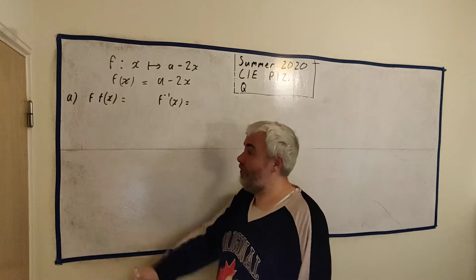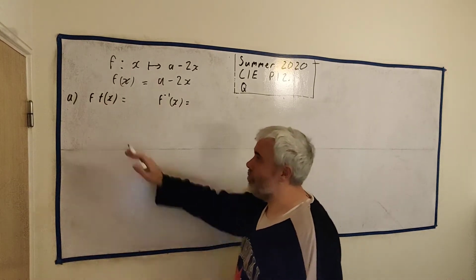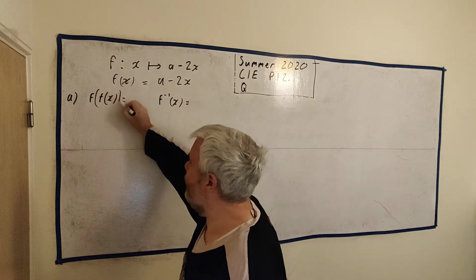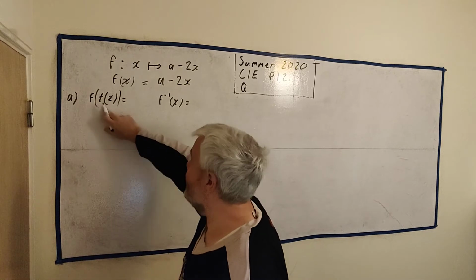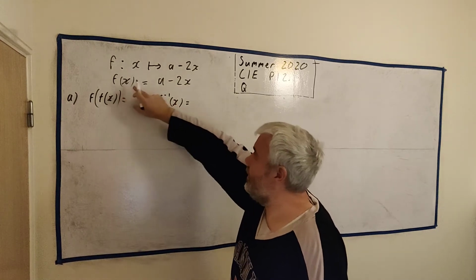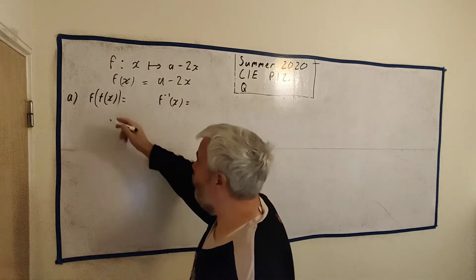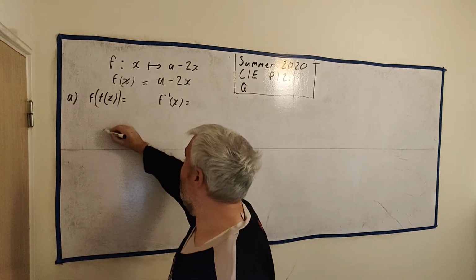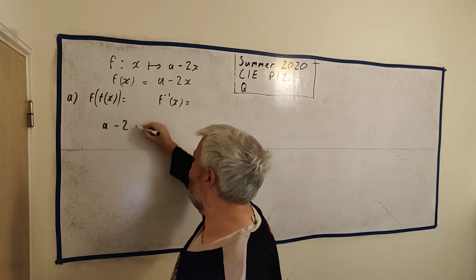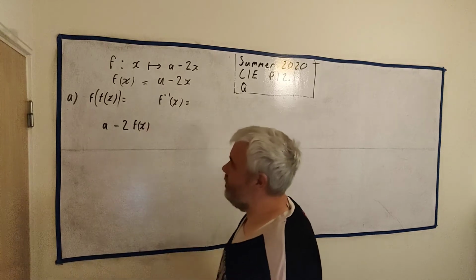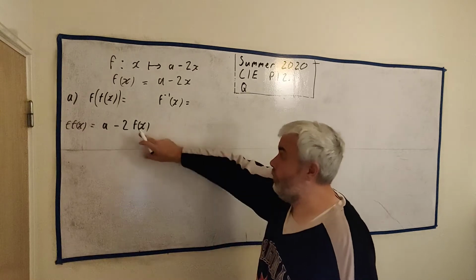Now the question asks us to find f f of x. Just to remind everyone, this is the same as f of f of x. So that means whatever's inside this bracket, we get a minus 2x of it. So what's inside this bracket is a minus 2 f of x, and we still have another f of x.